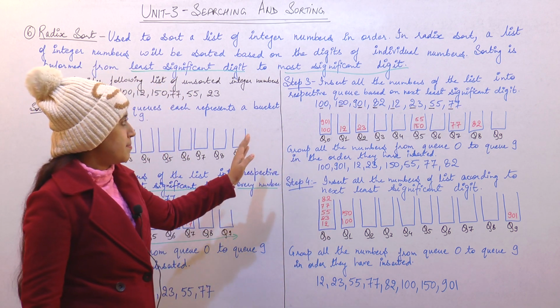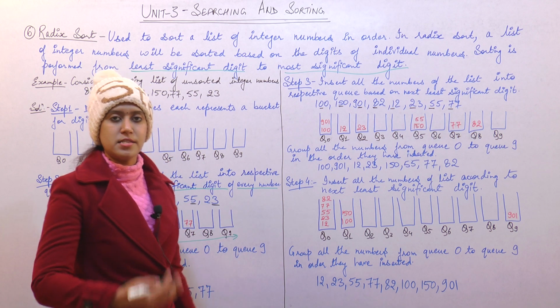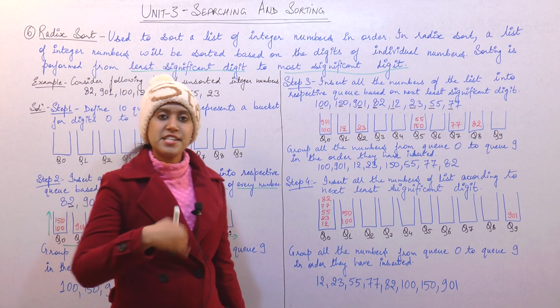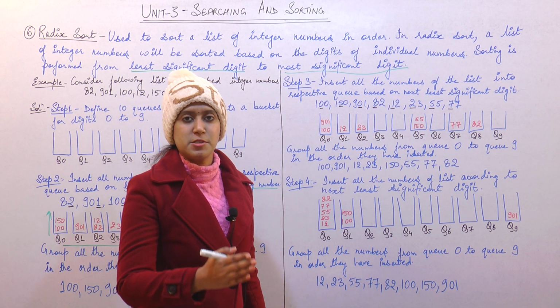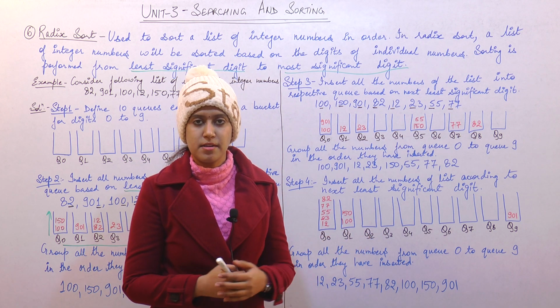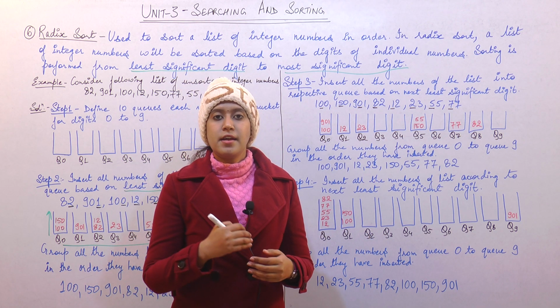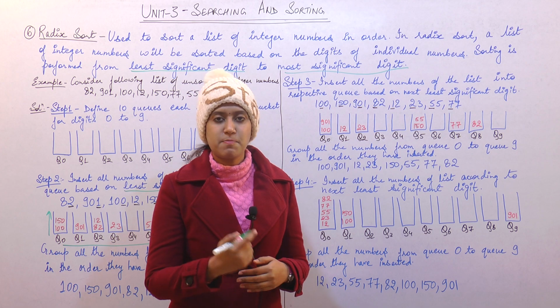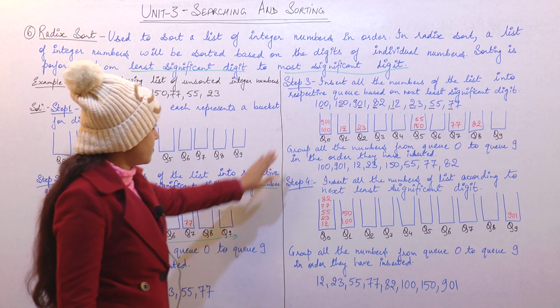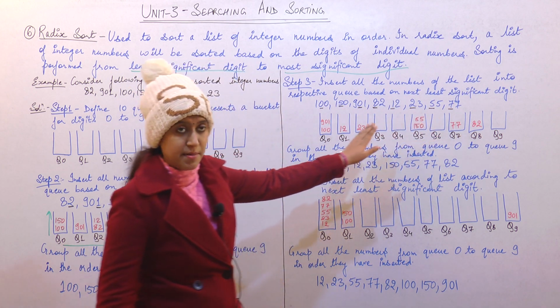Now in step 3 we will insert the numbers according to the next least significant digit after ones place. That means we will now insert the numbers in the respective buckets according to the digits at tens place. So this is the list which we have written here after step 2.